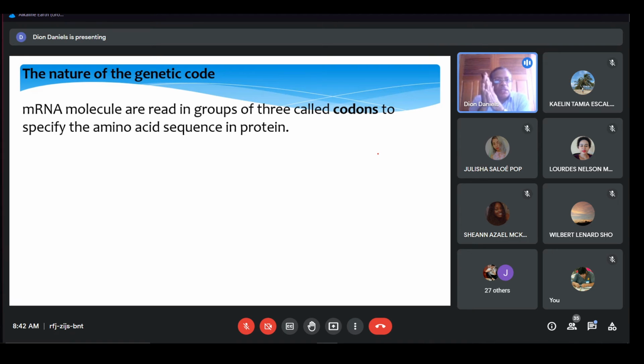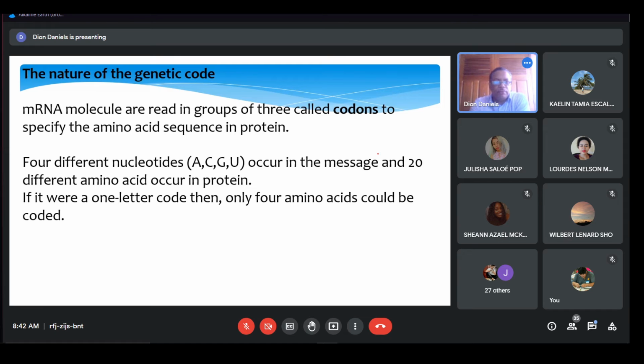All right. So it says messenger RNA molecules are read in groups of 3 called codons to specify the amino acid sequence in protein. 4 different nucleotides, A, C, G, and U, occur in the message, and 20 different amino acids occur in proteins. If it were a 1-letter code, then only 4 amino acids could be coded.